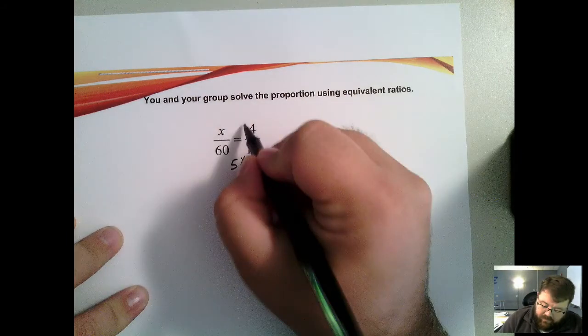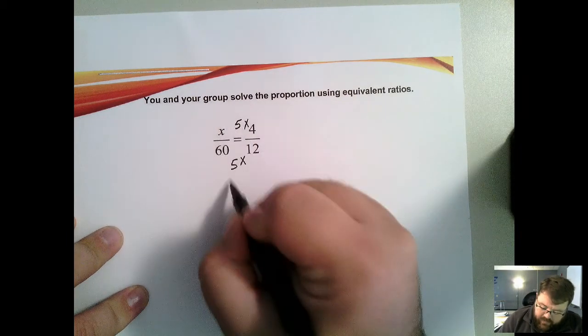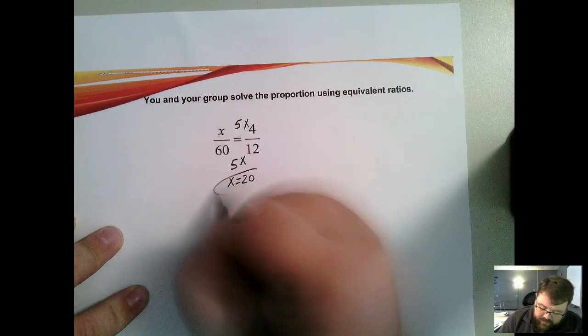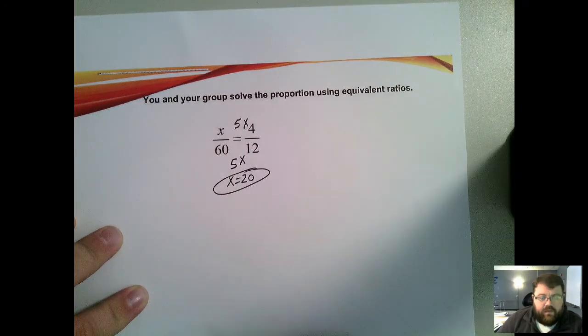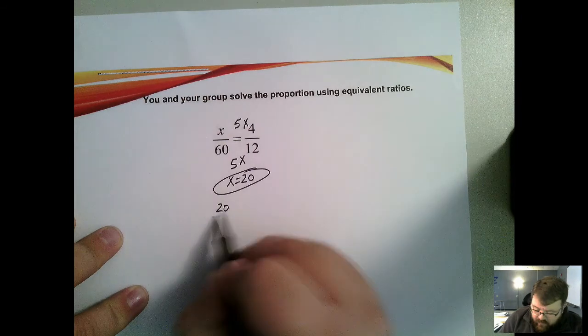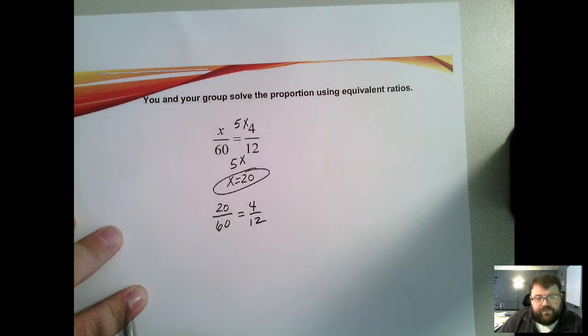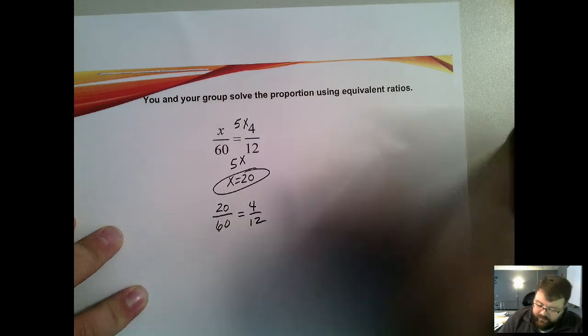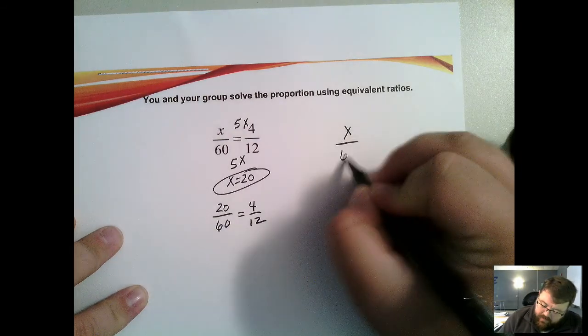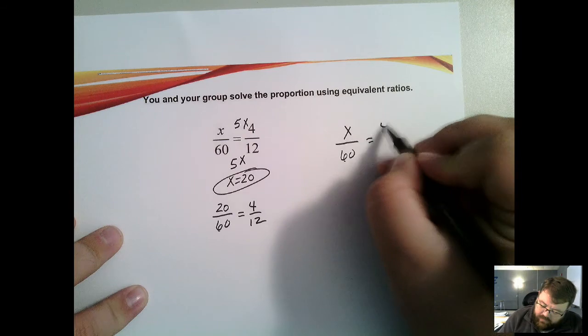I come up here, multiply the 4 by 5, x is equal to 20. So I know that 20 over 60 is equal to 4 over 12. Again, that's scale factor. X over 60 is equal to 4 over 12.